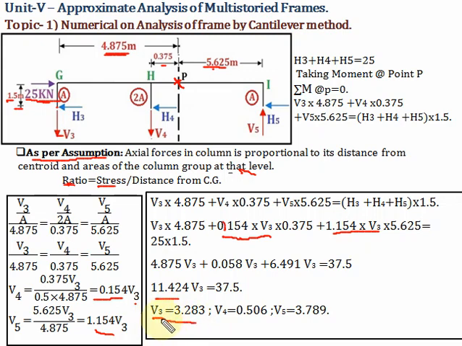Now putting this value of V3 here, we get V4, which is 0.506. Again putting the value of V3 in this equation, we get the value of V5. So here we know V3, V4 and V5.